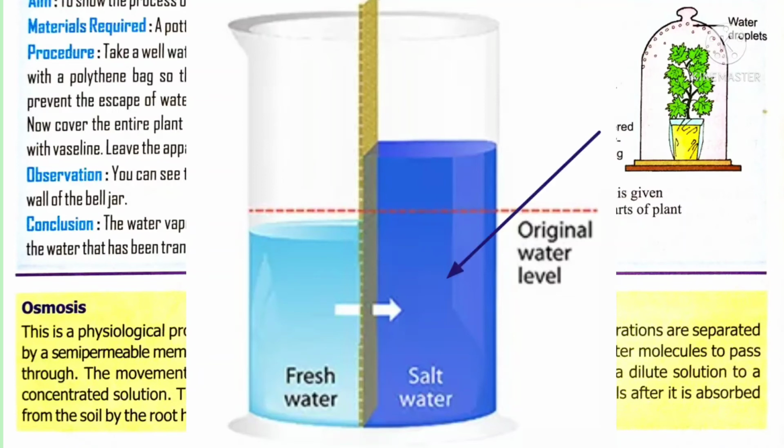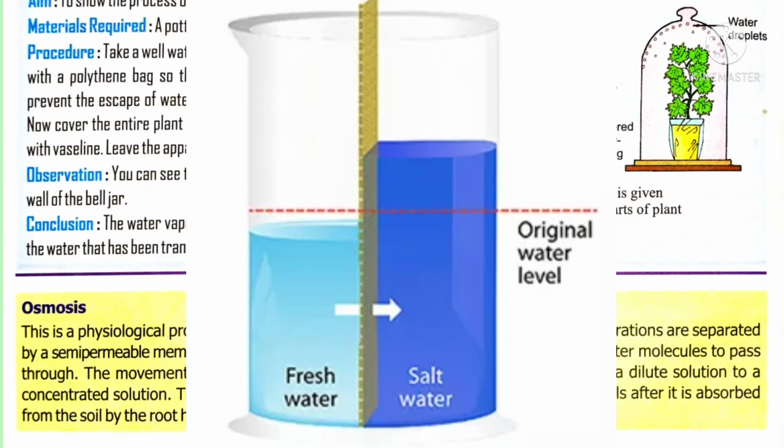So you tell me, in which case will the number of water particles be more, lower concentrated or higher concentrated? I told you lower concentrated means fewer solute particles, that means more water. Higher concentrated means more solute and less water. Now you have to see in which place more water is there.